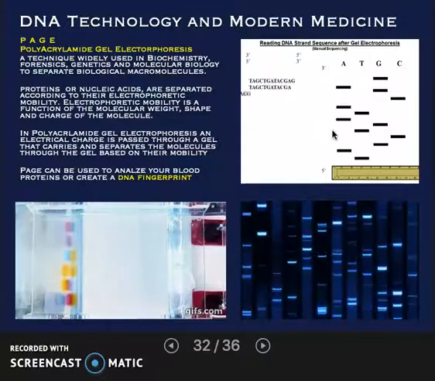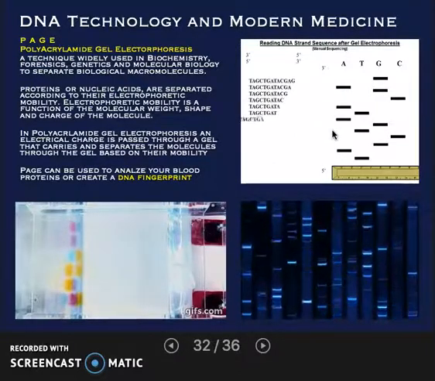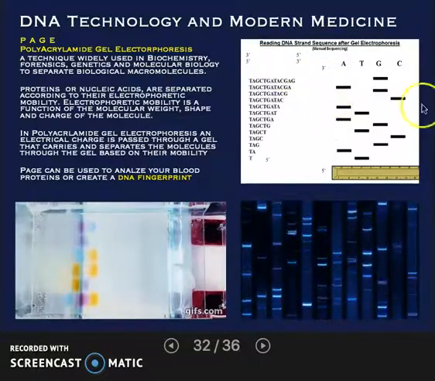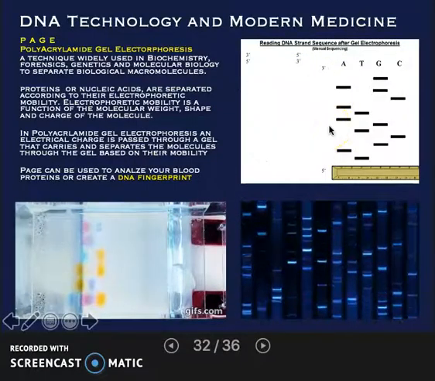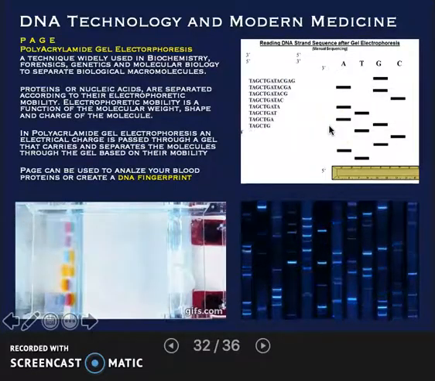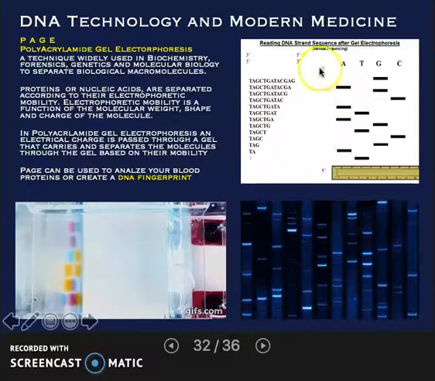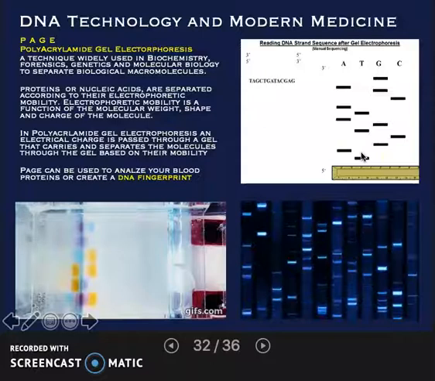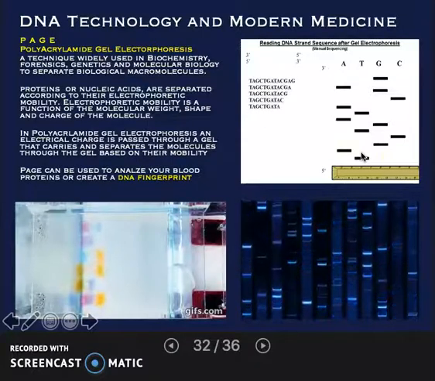Generally speaking, we all have the same kind of patterns that emerge, but there'll be minor variations. And this method allows us to do what's called a DNA fingerprint. So a DNA fingerprint for different people will appear differently. And of course, we can use this to identify if you're a murderer.